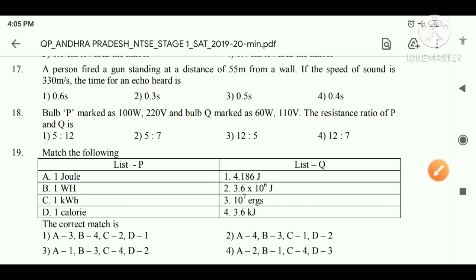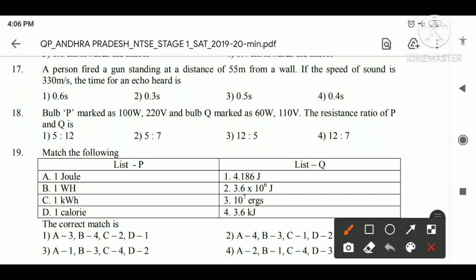Now let's go to the next question. Here it is. A bulb P marked as 100 watt 220 volt and bulb Q marked as 60 watt 110 volt. The resistance ratio of P and Q is option 1 5:12, option 2 5:7, option 3 12:5, option 4 12:7. Here write the formula.